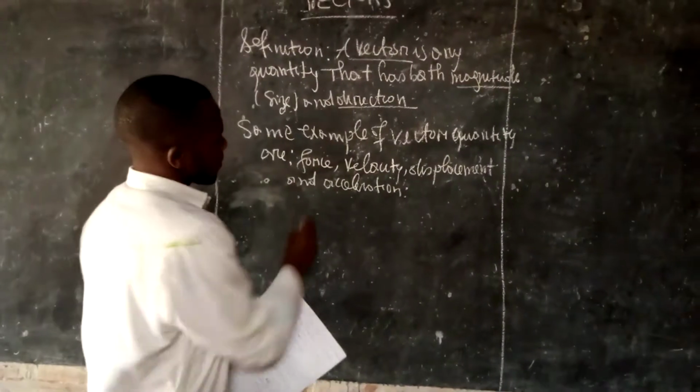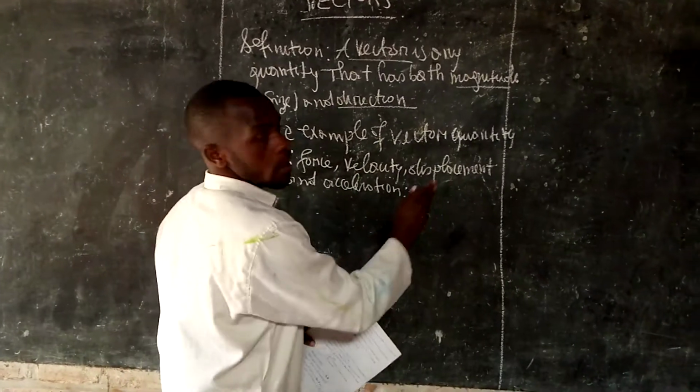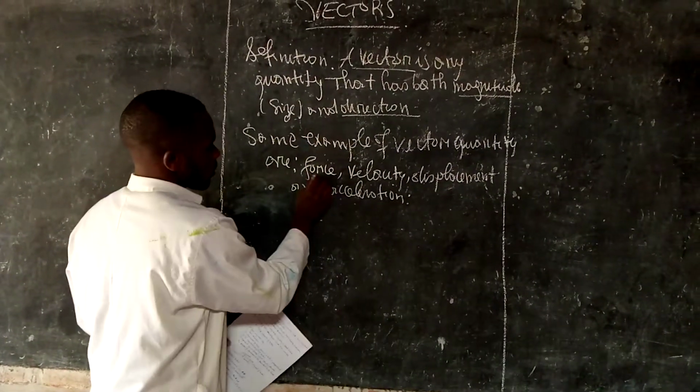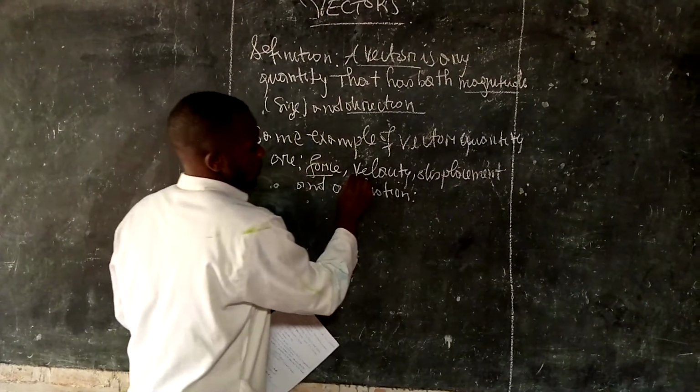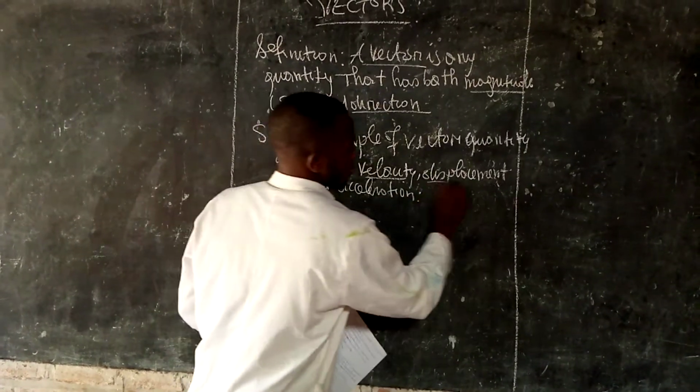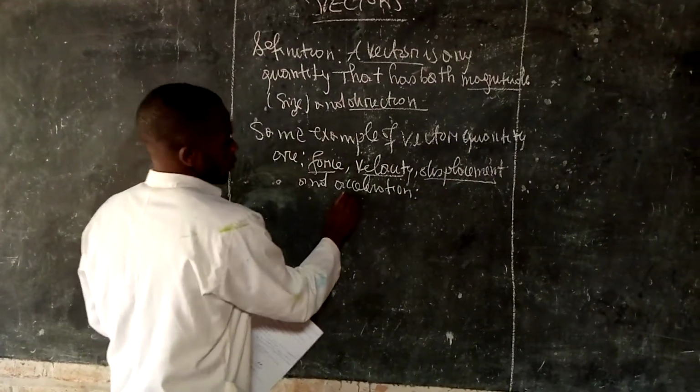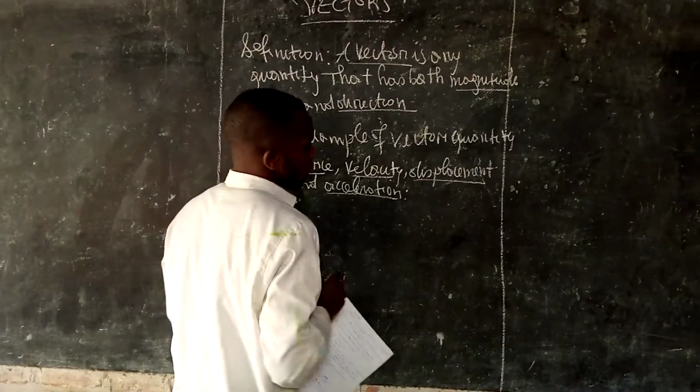So now, those are the examples of a vector quantity. So the first, you have a force, the second is the velocity, the third one is the displacement, the fourth one is the acceleration, and so on.